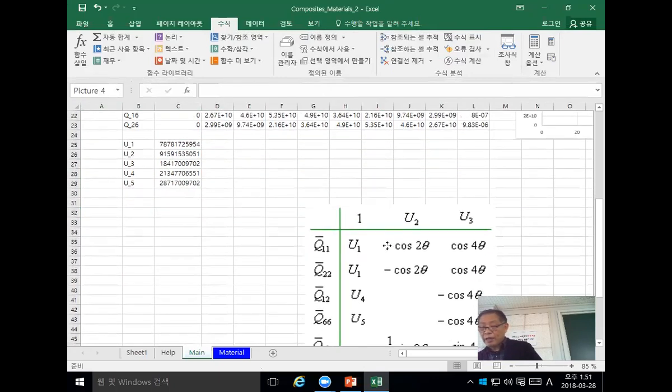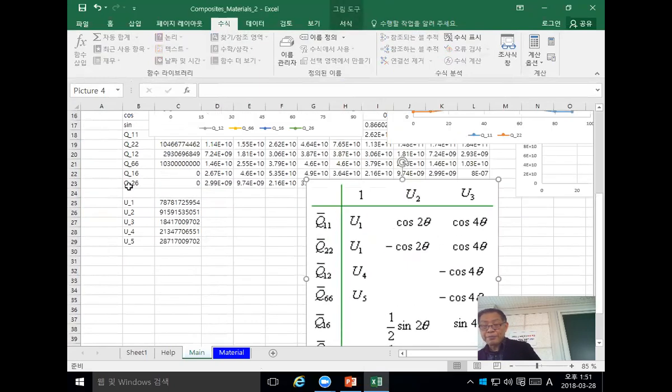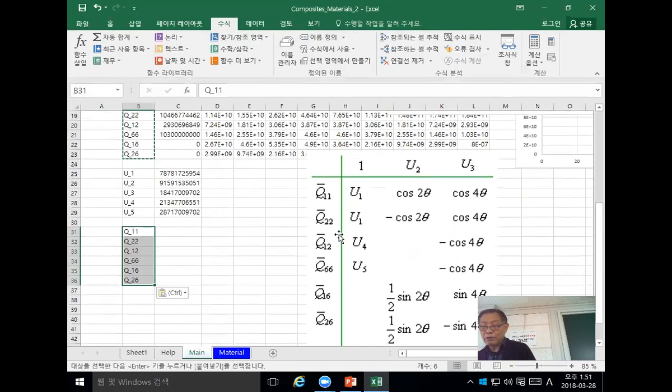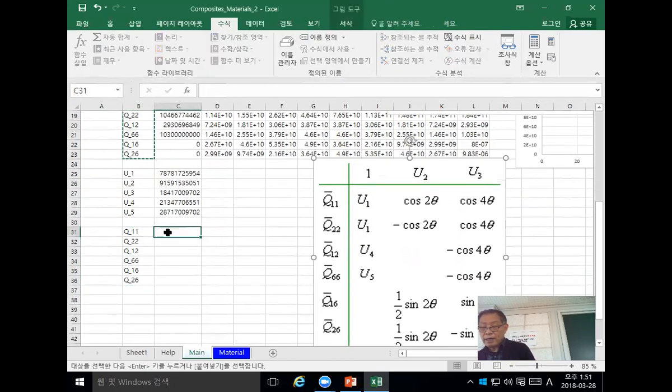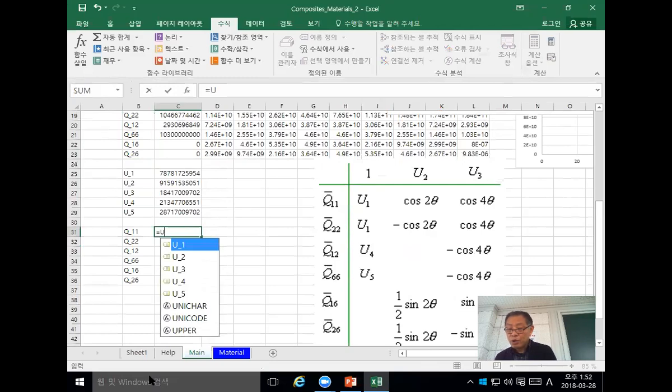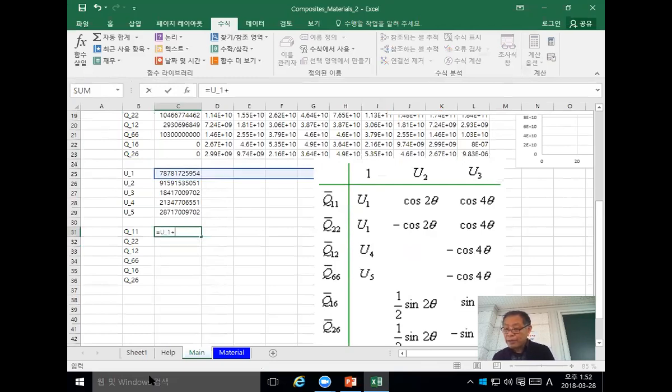Now, next one is exactly the same, but a slightly different way of calculation. This guy now from this table equals what? U1 plus cosine 2 theta. What is cosine 2 theta?